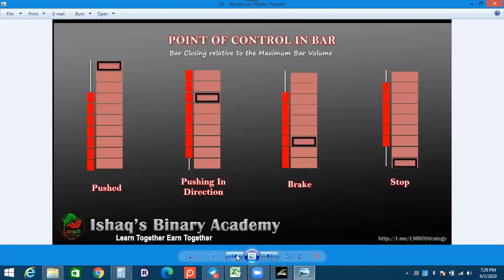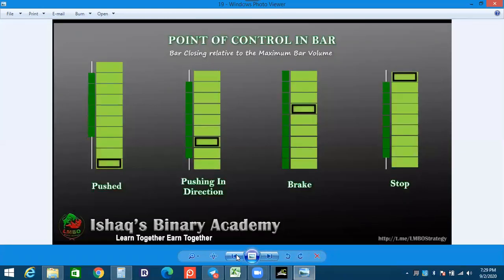Look here. The first statement is the point of control. What is the point of control? It is where the volume is traded very high in any part of the candle. This black circle shows that in this candle the volume traded in this area, in this area, in this area.